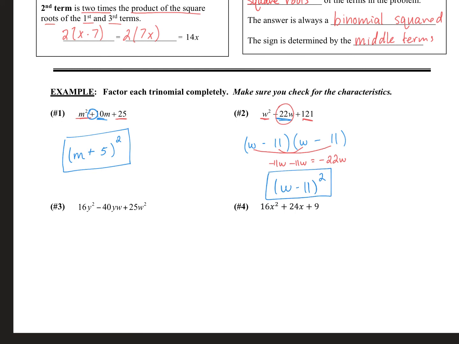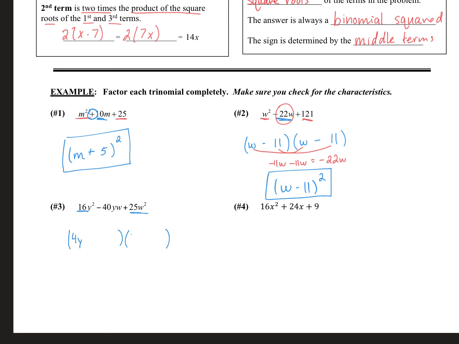So let's take a look at the third example. So we want to ask ourselves right away, let's look at the first term and the third term. Okay, are they perfect squares? So the answer to that is yes, they both are perfect squares. So when we factor this, okay, we're going to look at the square root of the first term and the square root of the third term. All right. So the square root of that first term is 4y.